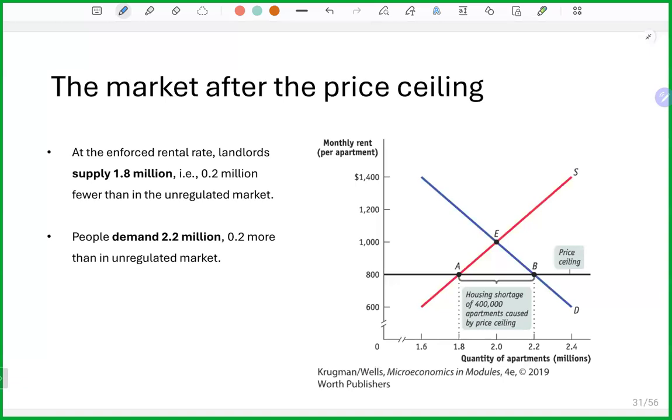When a price ceiling is imposed at a level above the market equilibrium, it has no effect on the market equilibrium. Still, $1,000 is the market price, and at that price level, 2 million units will be purchased in the market. It's only relevant when the price ceiling is imposed at a level below the market equilibrium. That's the only case where it's binding.